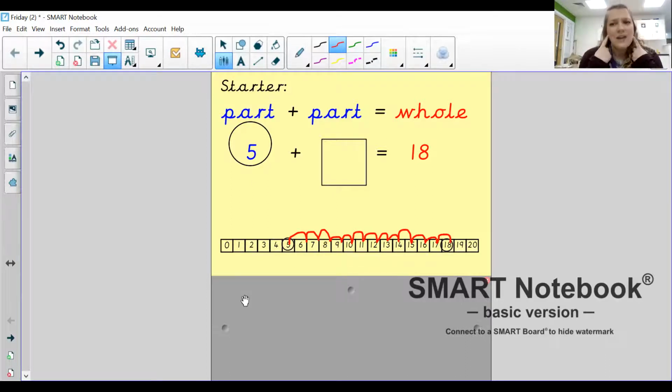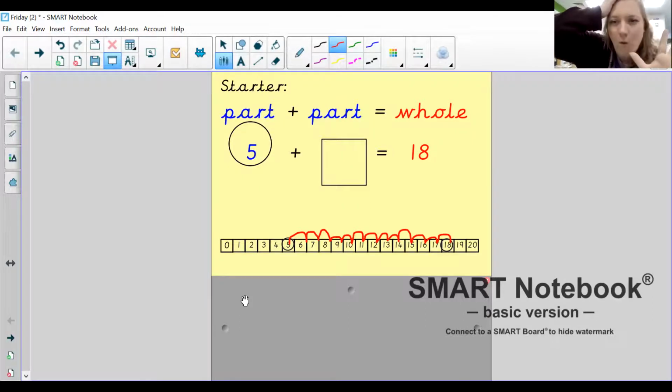So I think the missing number is 13, but there's another way that I can check it, isn't there? I could put 18 in my head and then I could take away 5 and see what answer I get. Hopefully I'll get 13 and then that will tell me that I was right. So put 18 in your head and count back 5.